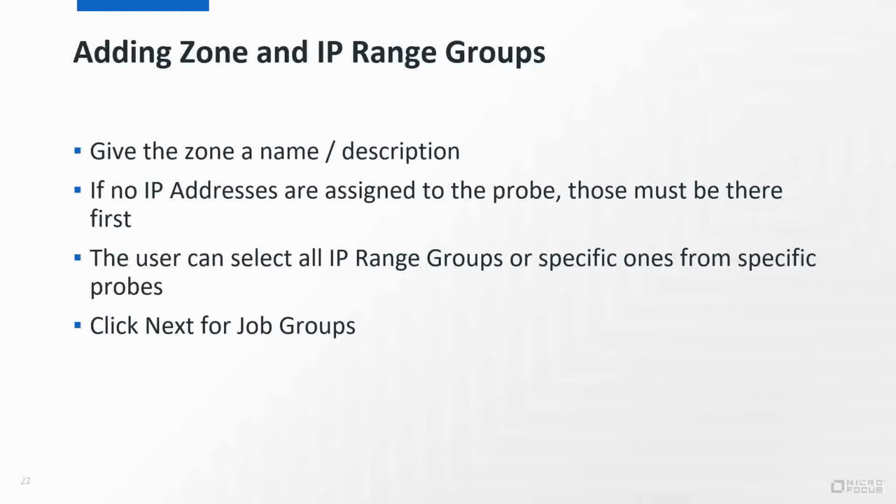The description field is not mandatory, but it should be filled in. If there are no IP addresses assigned to a probe, then you have to do that first. If you want to select specific IP ranges, then you should do that before you start adding the zone. The user can also select all of the IPs from a given probe and select next.